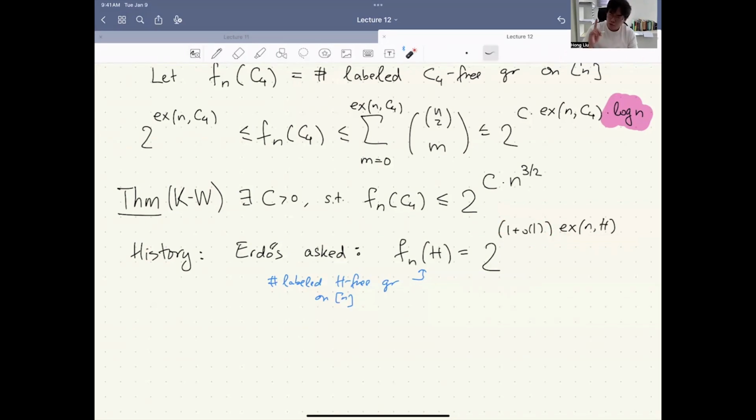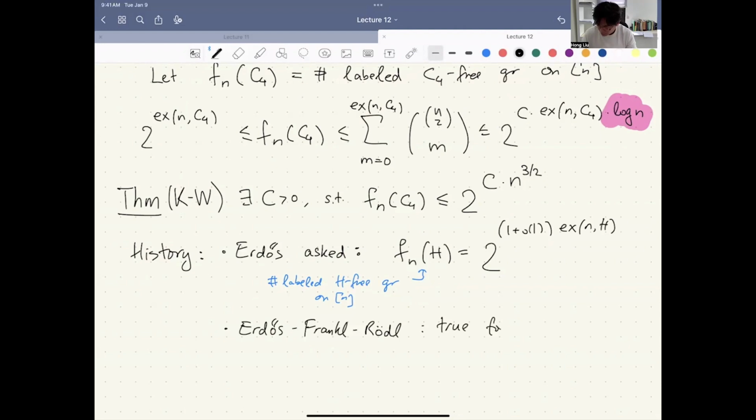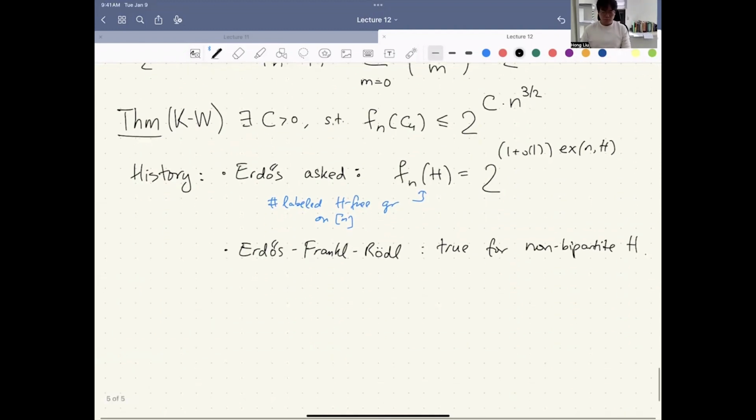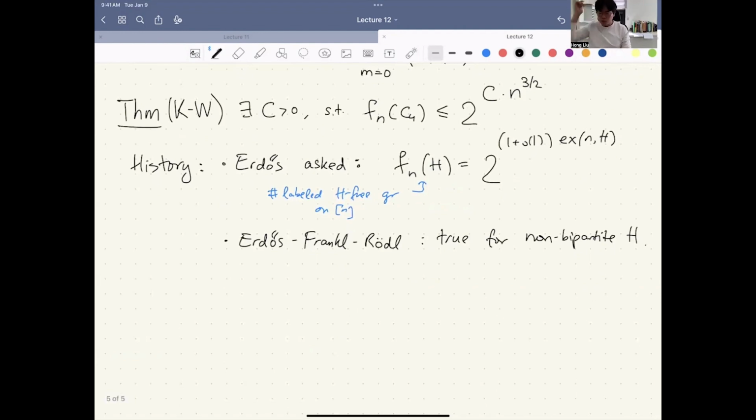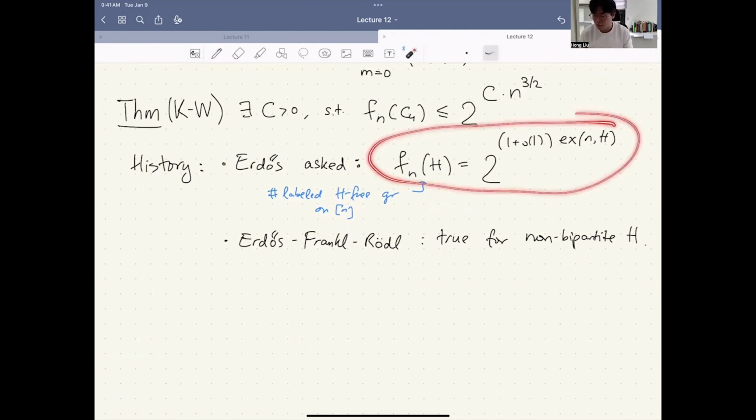This turns out to be true when H is non-bipartite. This is a result of Erdős, Frankl and Rödl, true for non-bipartite H. For bipartite graphs, no such bound is known for a single bipartite graph.